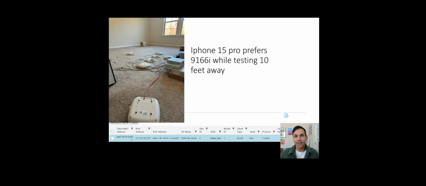Now, a small test that I carried out in my attic. As you can see, those boxes, and the AP that is upside down with the red cable is the 9166D. While I was sitting in the same area, 10 or 12 feet away, I was connected to the 9166I on 6 gigahertz. As I moved to the first floor, and remember this is a rough idea, this is where my AP in the attic is, and this window on the first floor is where I moved.